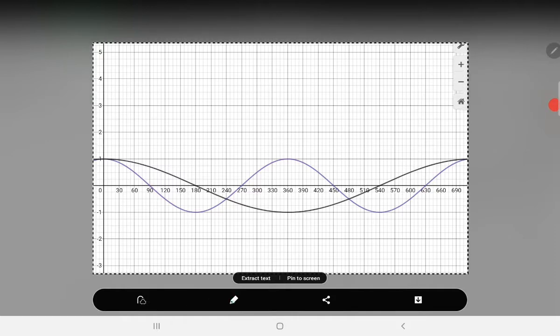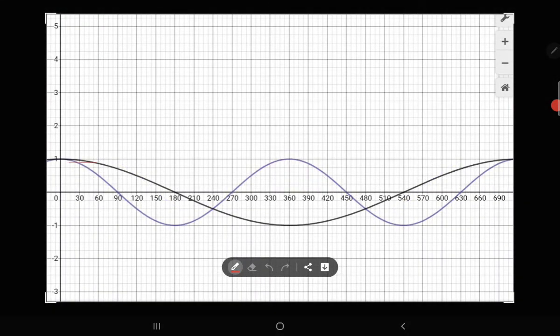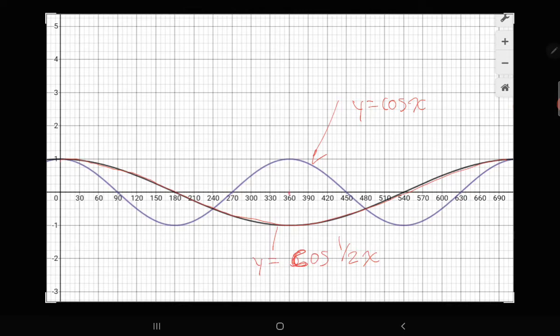Right? So let's analyze this. This is now our curve of y equals cos of 1/2 times x, whereas this was y equals cos of x, our base function. So you can see here what has happened to our period. Our one period used to be on our base function from 0 to 360, right?